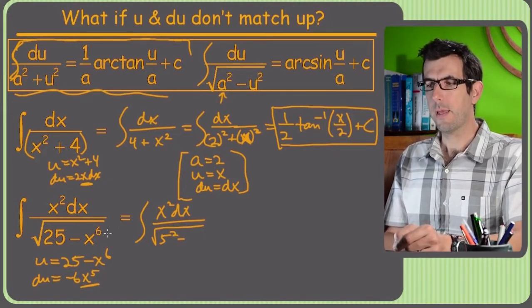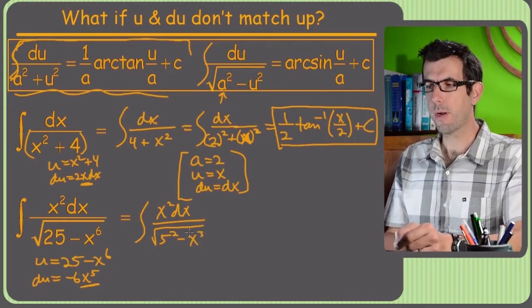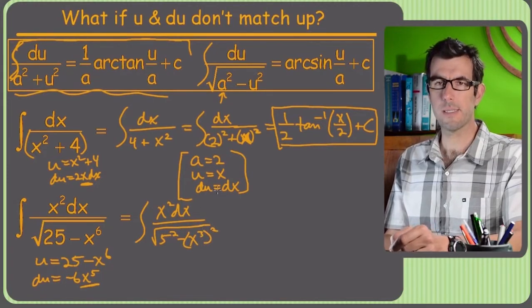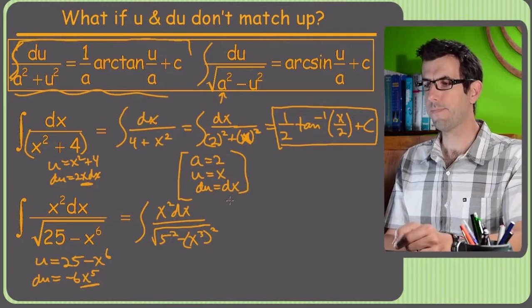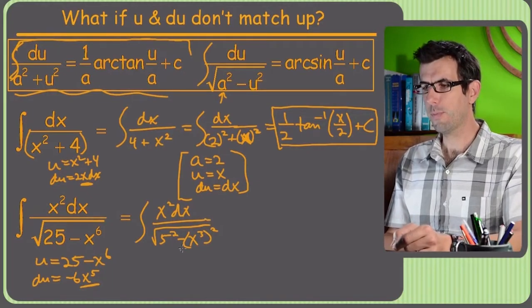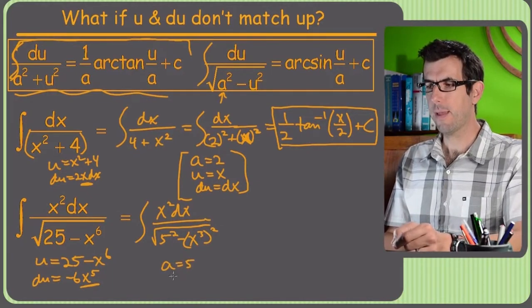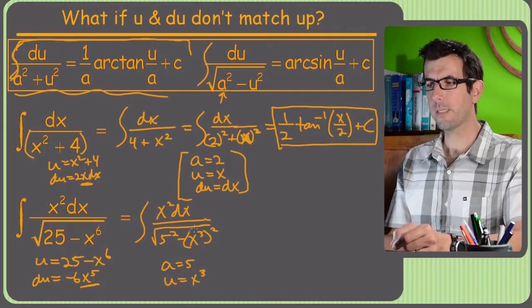And x cubed squared gives me x to the 6th, right? So I need something to square. At this point I've got a equals 5 and u equals x cubed, because that's what's being squared. That means my du is just 3x squared dx.